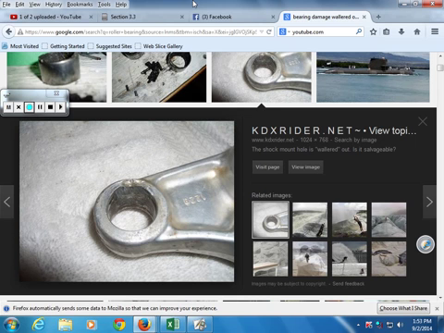Let's say that this shaft is a 2-inch shaft. Okay? That means from here to here is 2 inches. Everybody with me? And it's got to go through a bearing housing.